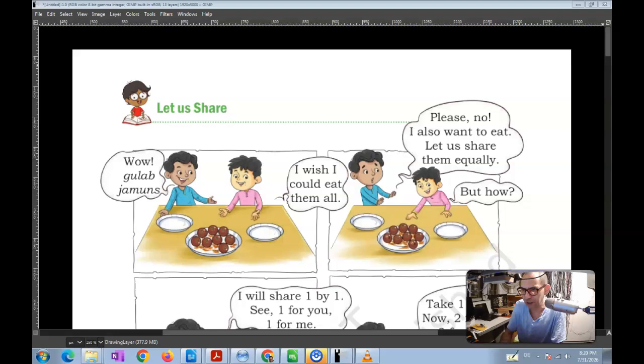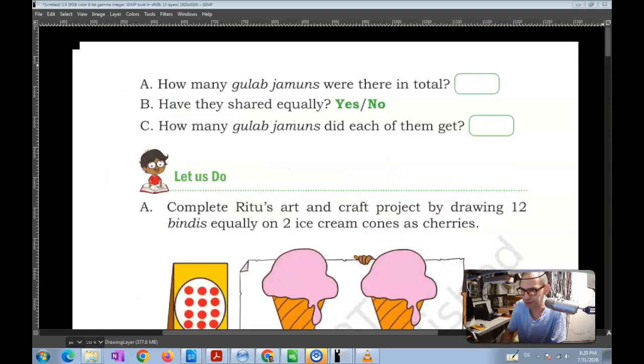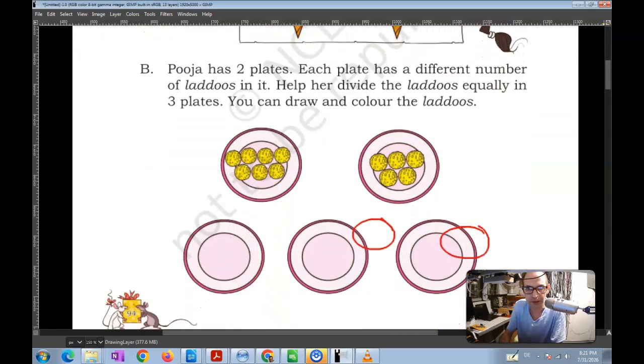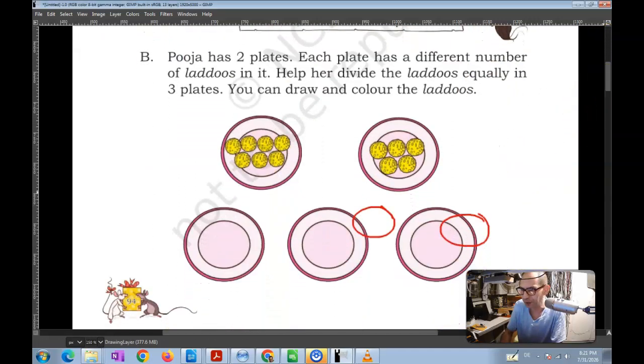Now let's take a look at the next example. Now in this example, we have again a number of objects, so that's 7 sweets, and that's 5 sweets.